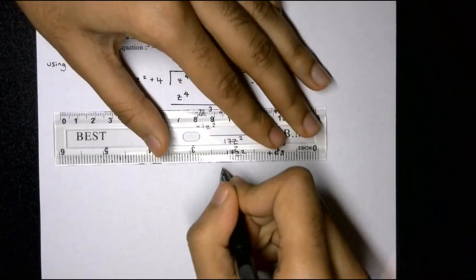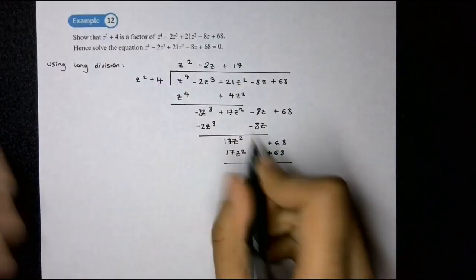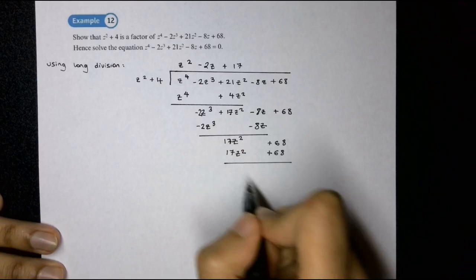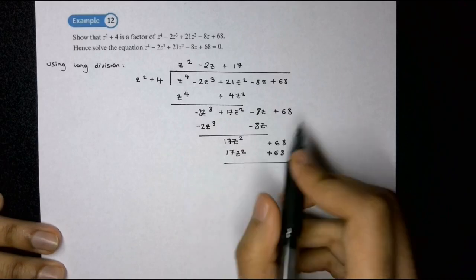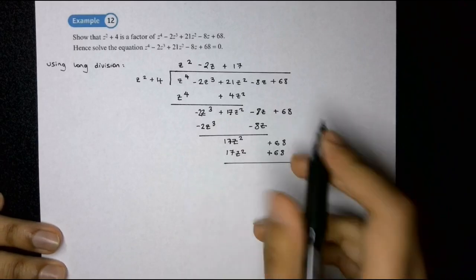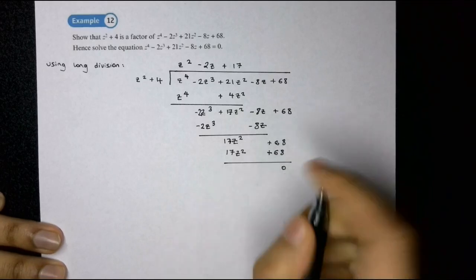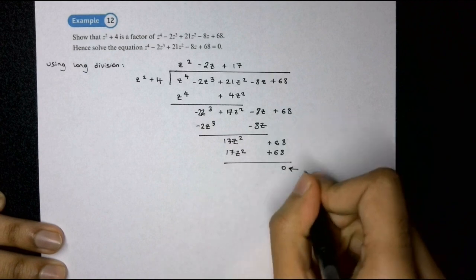And then we subtract these results, and doing so, 17z squared minus 17z squared, that's 0z squared, and then the 68 minus the 68, that's 0. Indeed, we get a remainder of 0.